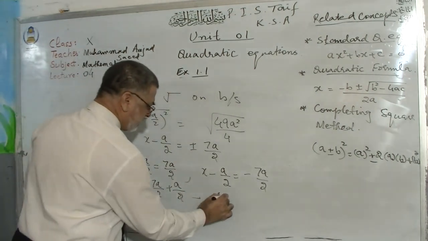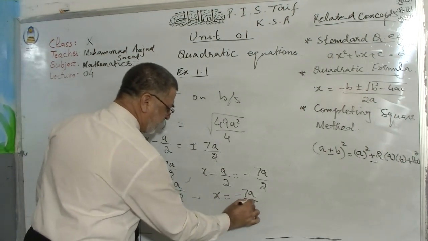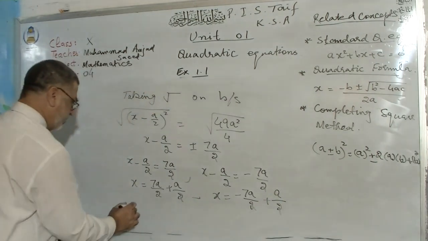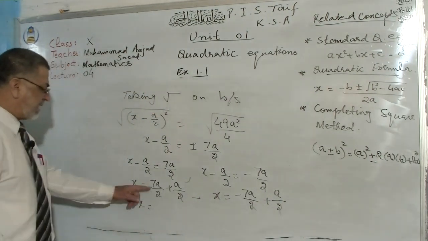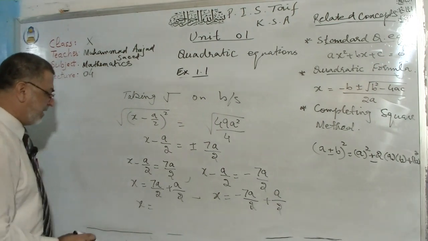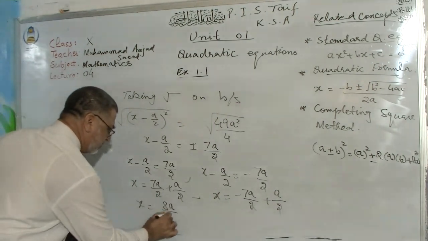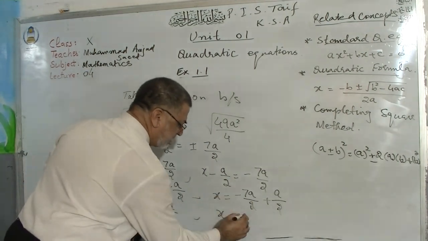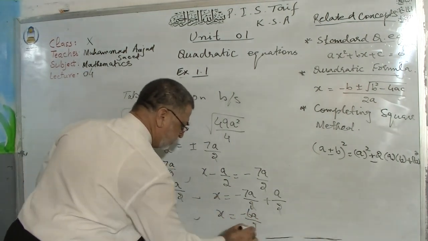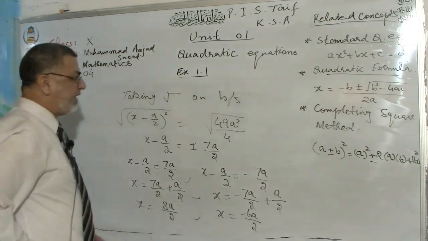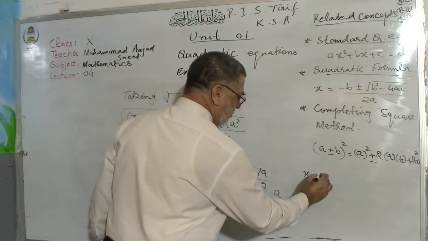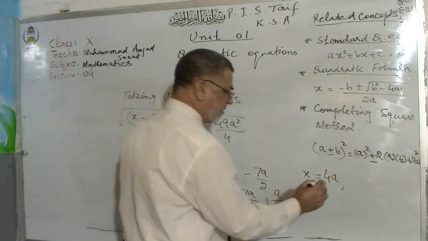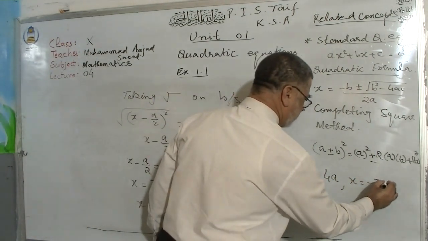Here x is equal to minus 7a over 2 plus a over 2. Remember that 7a over 2 plus a over 2 will actually be 8a over 2. Here it is minus 7a plus a, minus 6a over 2. And we are left with x is equal to 4a and x is equal to minus 3a.